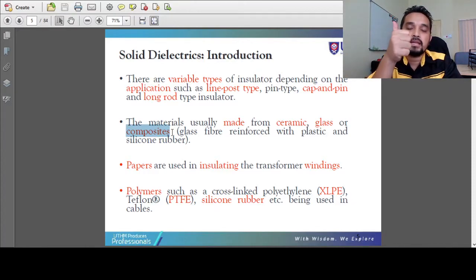First, it has excellent pollution performance, especially for outdoor insulators. The other part is that it is light in weight. It is less vulnerable. It is a rubber, so the risk of breakage is very minimal. For glass and ceramic, they could be subject to breakage during operation, which might lead to failure.